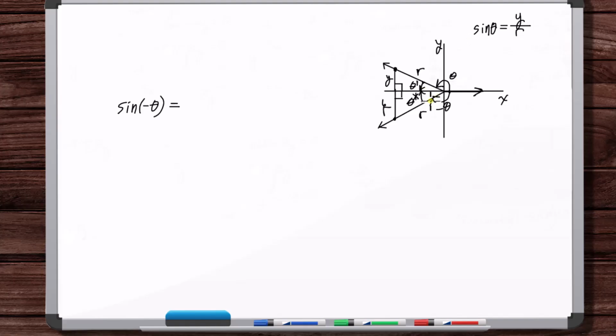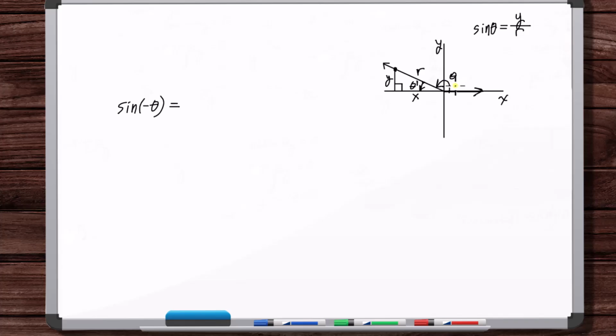But the sine of negative theta is also y over r, but y for negative theta is going to be negative, with r always positive, whereas here the y was positive. So it's going to be the same magnitude, but opposite in sign. If we drew this angle into the first quadrant, then negative theta would be in the fourth quadrant, and it'd be the exact same result.